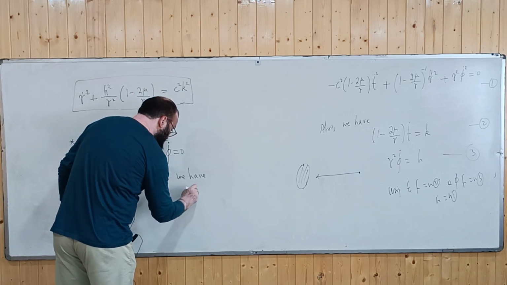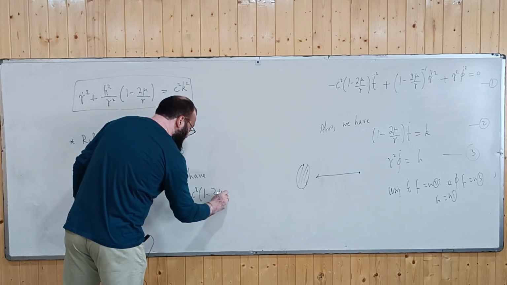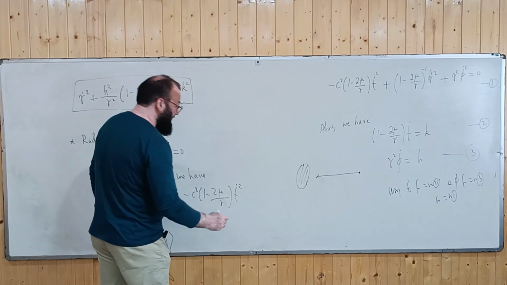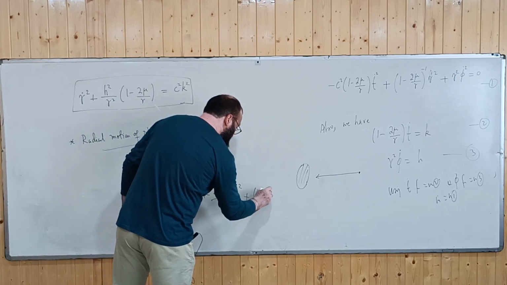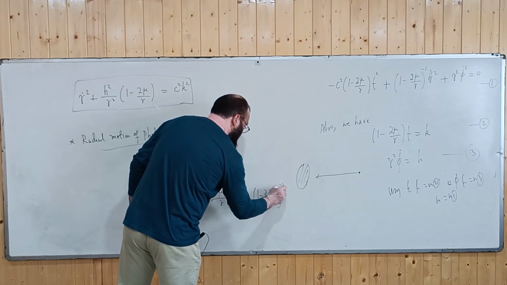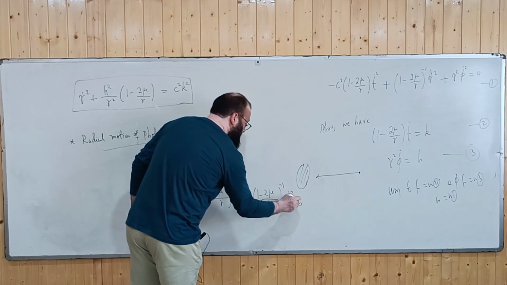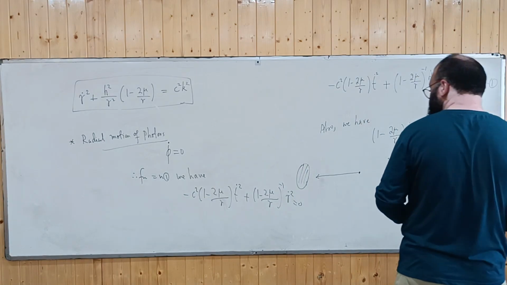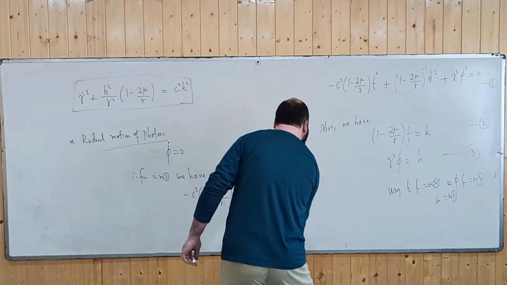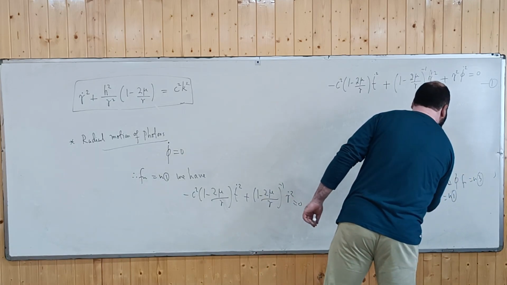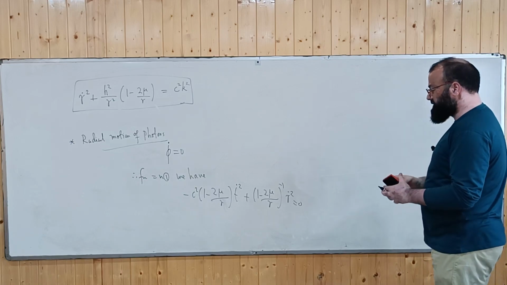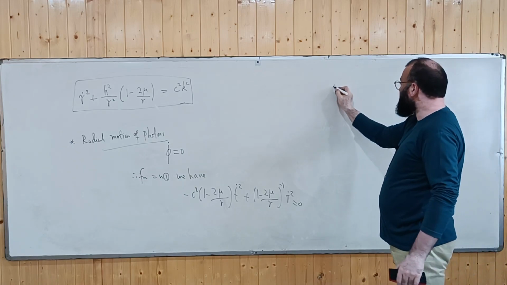It is minus c square into 1 minus twice mu by r, t dot square, then plus 1 minus twice mu by r raised to the power minus 1, r dot square, is equal to 0. Okay, so can you tell me what this is?